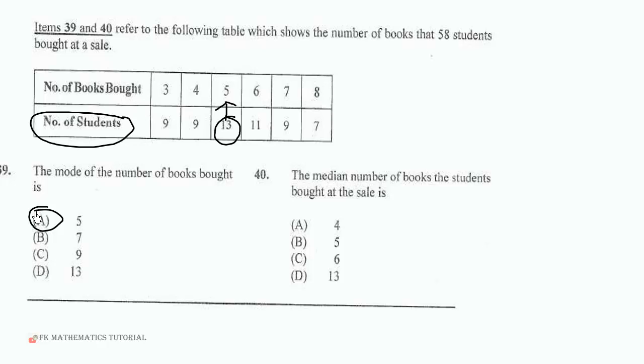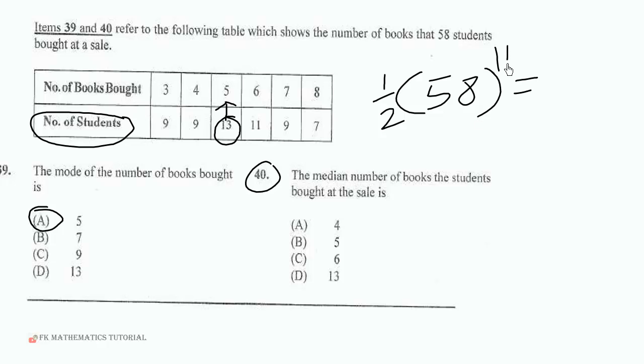Then we are asked to find the median number of books bought at the sale. It should correspond to half of the total frequency, half of 58, which is the 29th item.